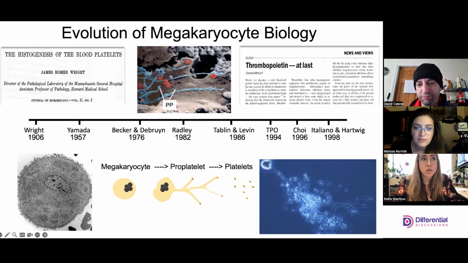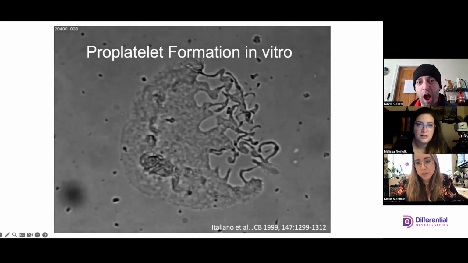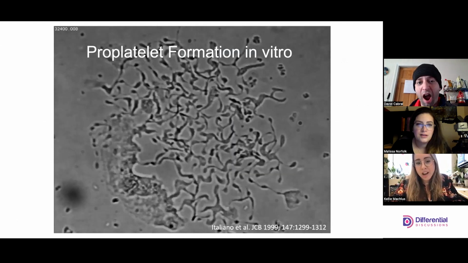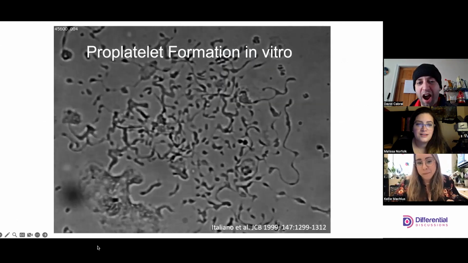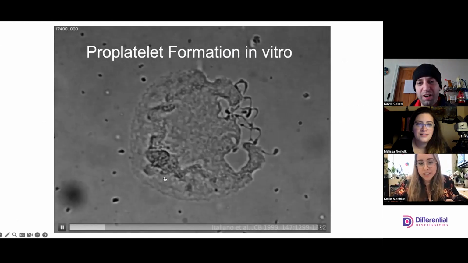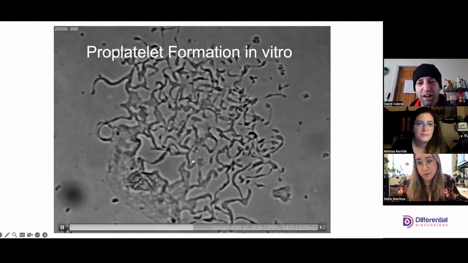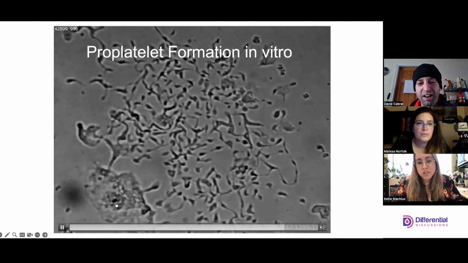I saw Joe do a talk, and I was like, I need to take these movies. This was the pivotal image that Joe took that was published. This was one of the first movies of a megakaryocyte making proplatelets in vitro. Basically, the nucleus gets pushed aside, and it makes its entire cytoplasm into proplatelets.